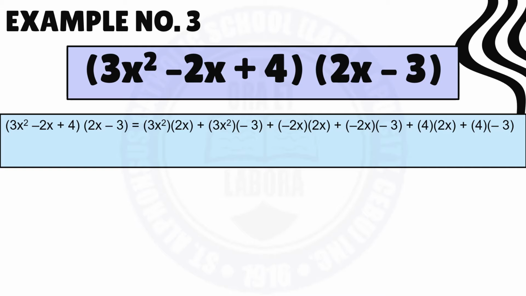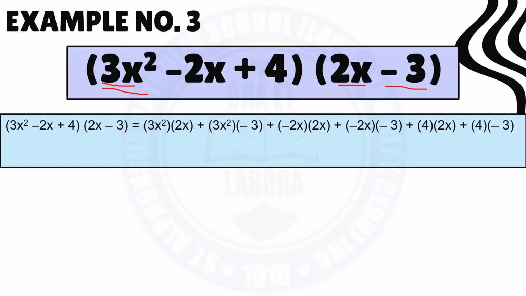So we have 3x squared times 2x. Then 3x squared again multiplied by negative 3.